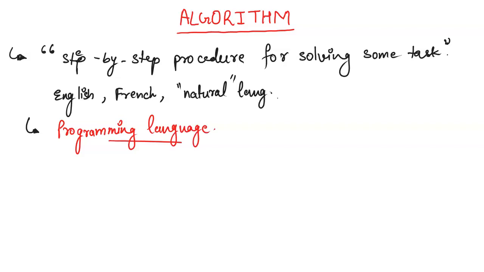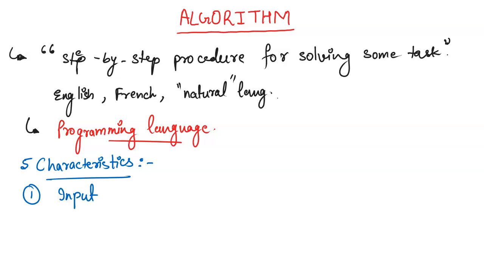Now let us see the algorithm characteristics. So basically every algorithm should have the following 5 characteristics. The first characteristic is input.